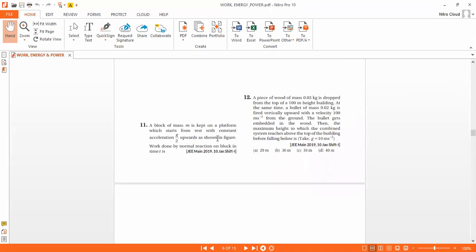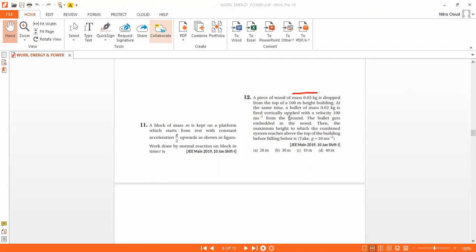Now see what is given. A piece of wood of mass 0.03 kg is dropped from the top of a 100-meter height building.